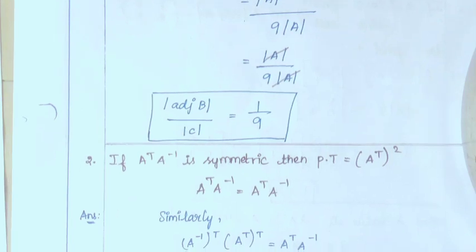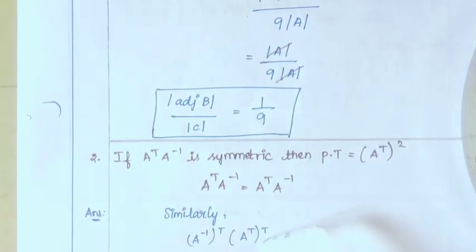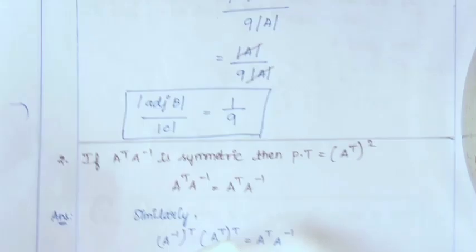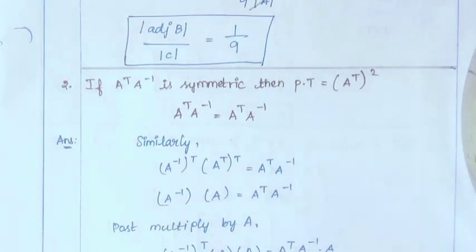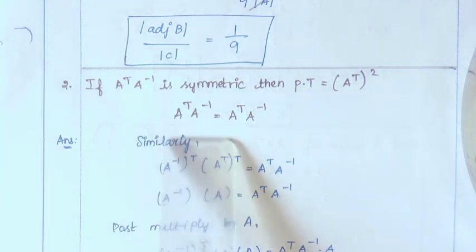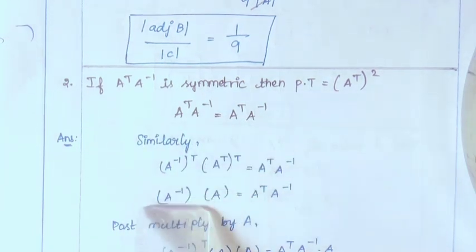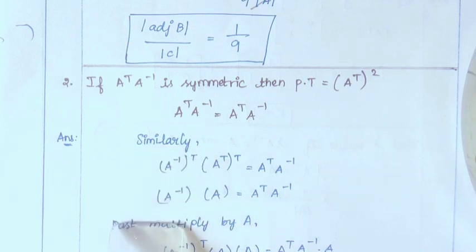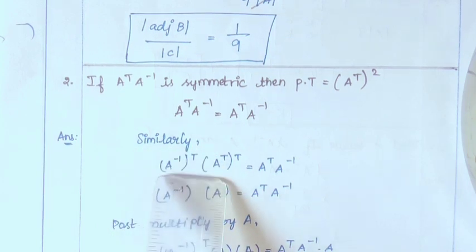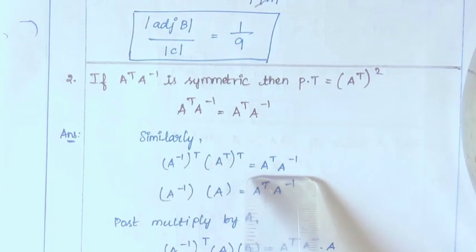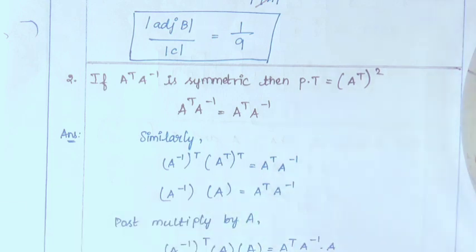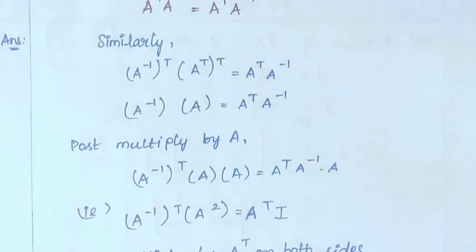Next, second question. If (A^T)^-1 is symmetric, then prove that A^2 = (A^T)^2. We know that (A^-1)^T = (A^T)^-1. Similarly, we know that (A^-1)^T = A^T^-1.